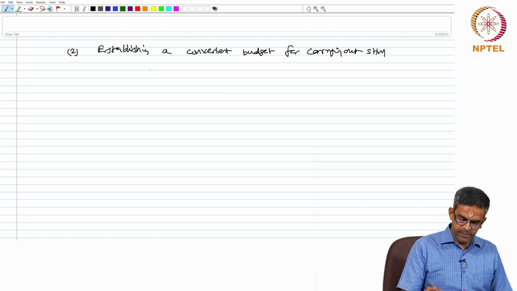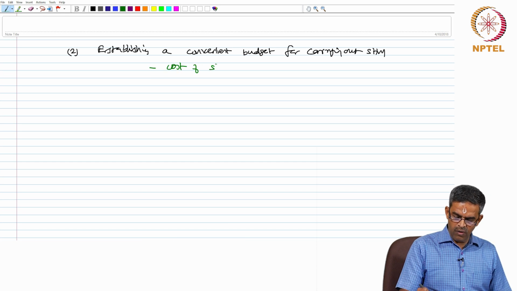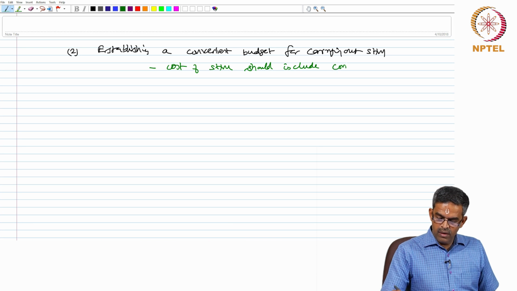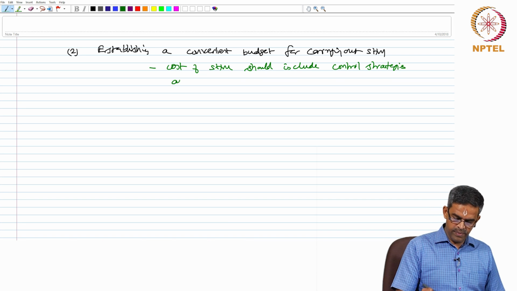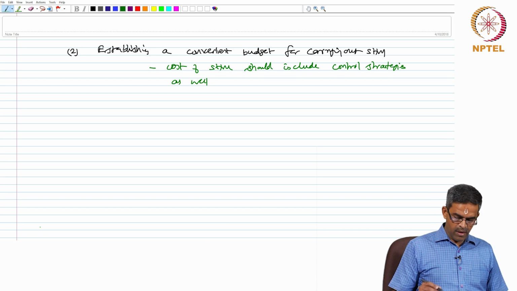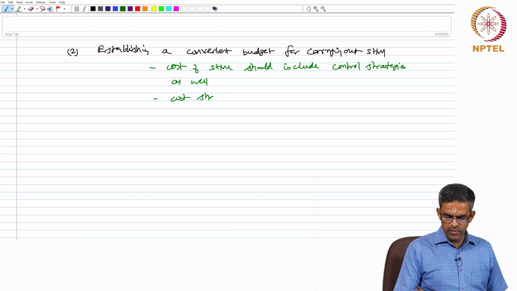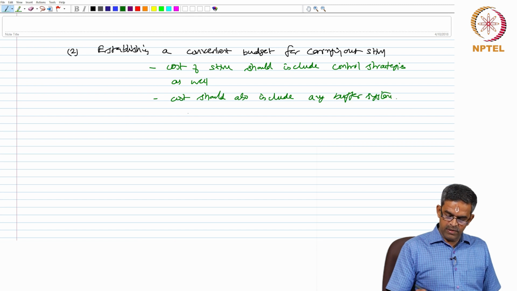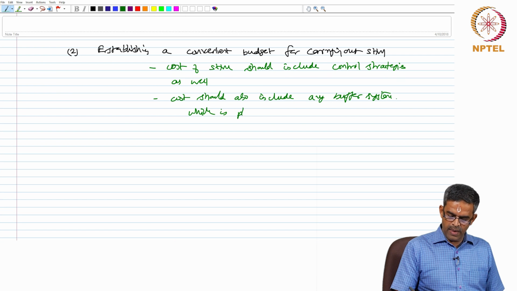As I said, the cost of SHM should include control strategies as well. Cost should also include any buffer system which is planned as a standby.